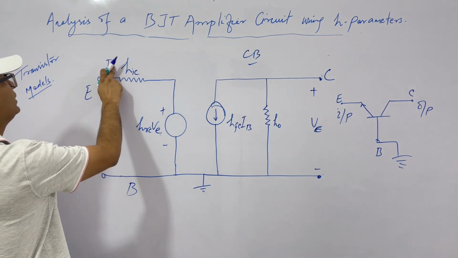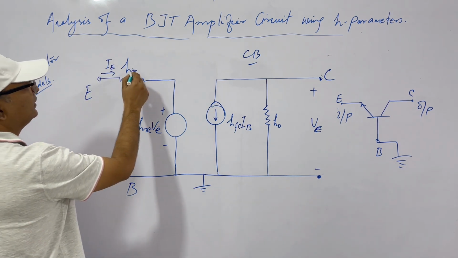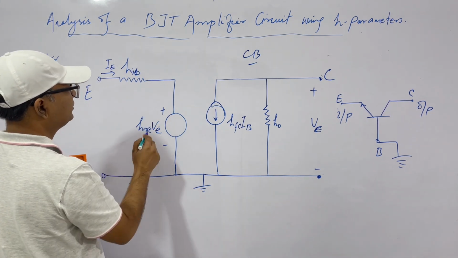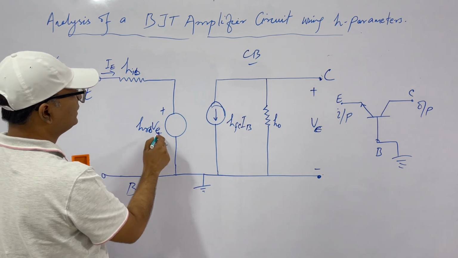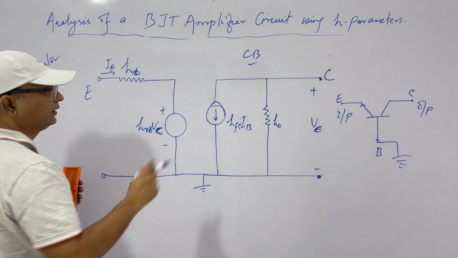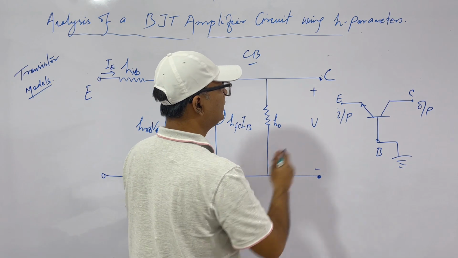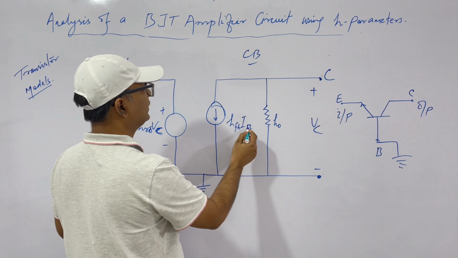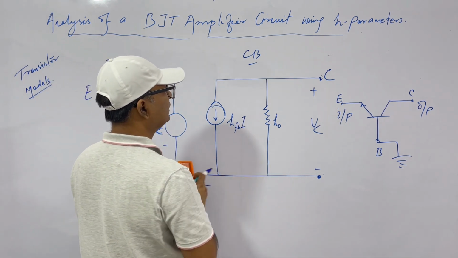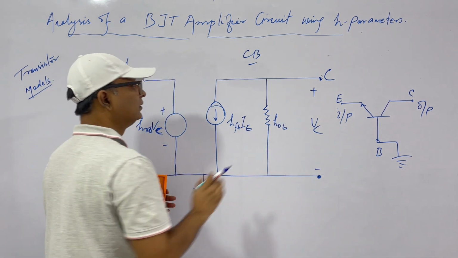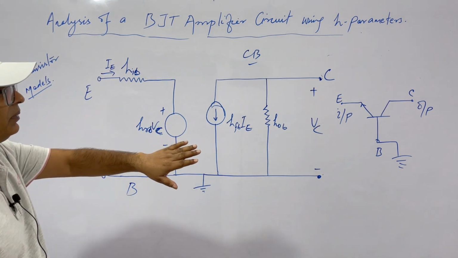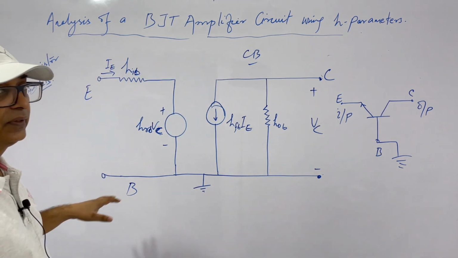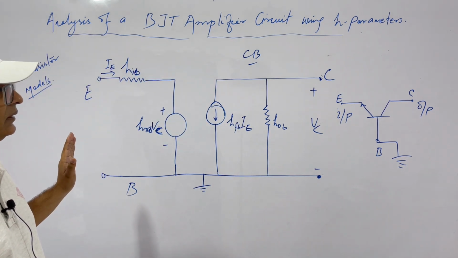Now IB becomes IE and this becomes HIB, sorry, this is a common base. So HIB, HRB, and output is VC. So this is VC, collector. Clear? This is VC now. So this is HFB for base and the input current is IE. Okay? So in case of common base, our input is at emitter, our output is at collector. So this will be the figure. I hope you understand this.